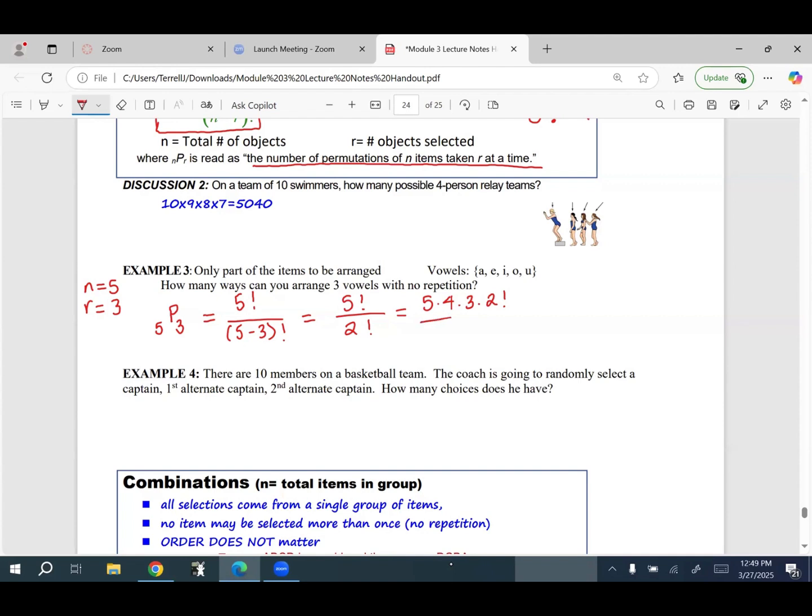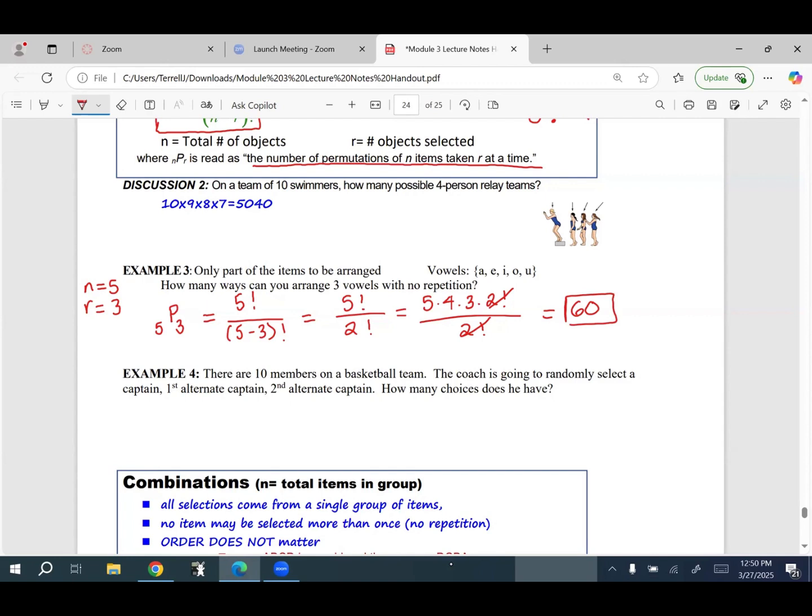But there's a reason why I'm stopping there, and it's because in the denominator, I also have 2 factorial. So my goal is to cancel those. And so what I have left is just 5 times 4 times 3, which is 60. And that is my answer.